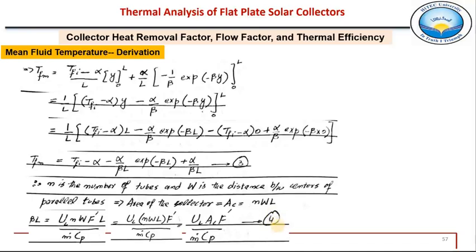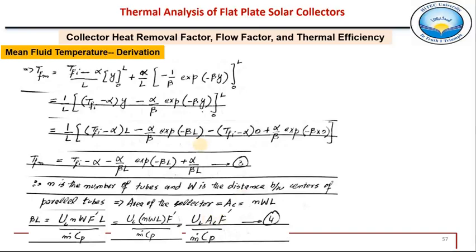So this is now equation 4, right? So in this equation 3, beta L can be written in this form, because now we have replaced what is beta and multiplied with L, and that gives another term, the whole collector area. So now this is equation 4.